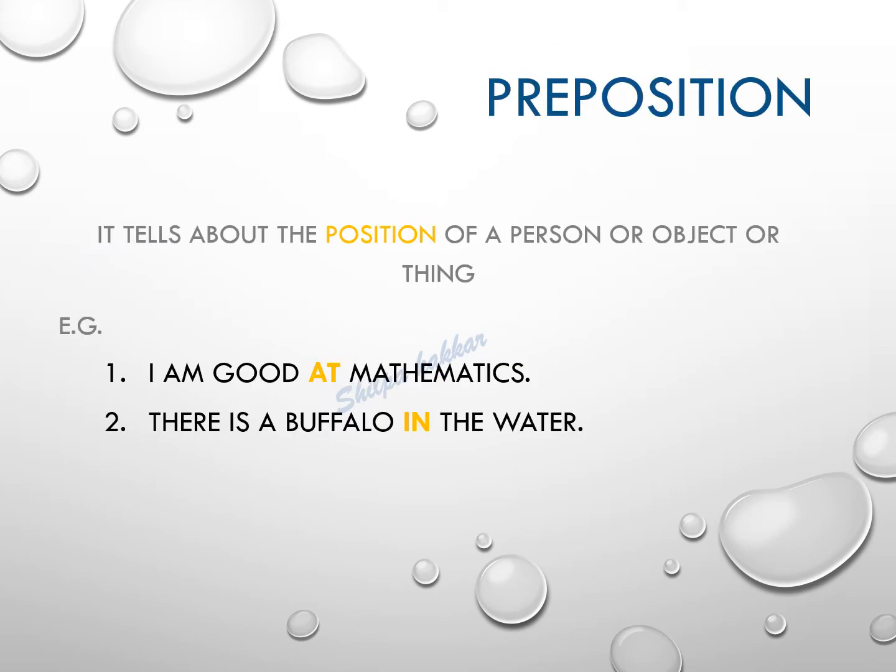Let us see common mistakes which we usually make while speaking. Prepositions. A preposition tells about the position of a person or object or a thing. We usually hear people speaking like this, that I'm good in mathematics. It is not in mathematics, but I'm good at mathematics. I'm good at English. Here, there is a buffalo in the water.